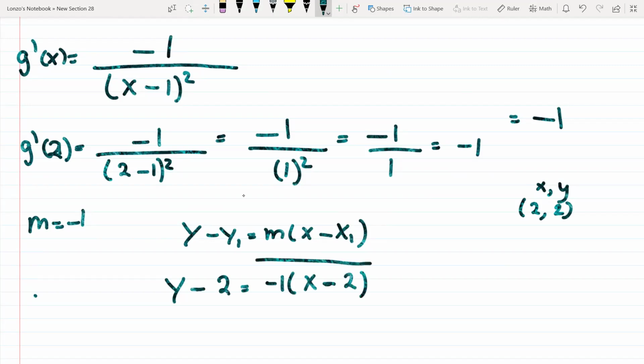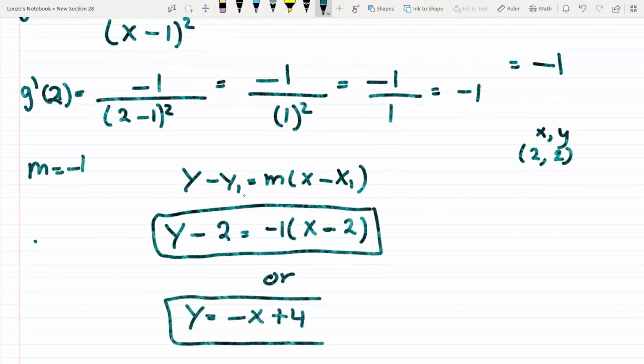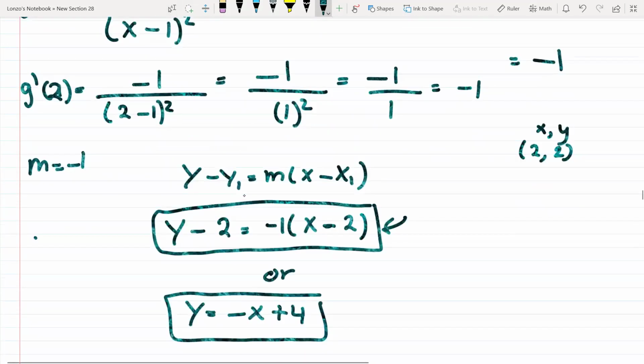You can leave it like this, or you can solve for y, which gives y equals negative x plus 4. Either way, the answer works. If your teacher specifically says point slope form, then we use this. So that was example 4.